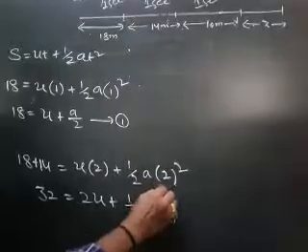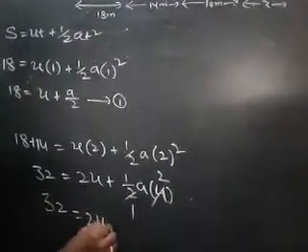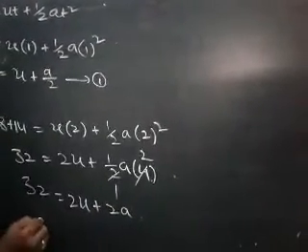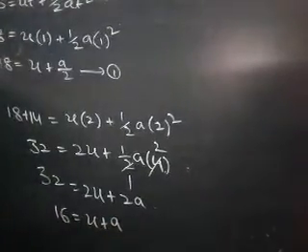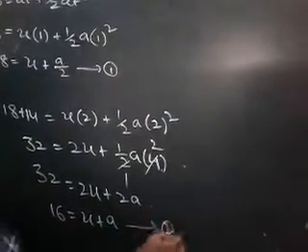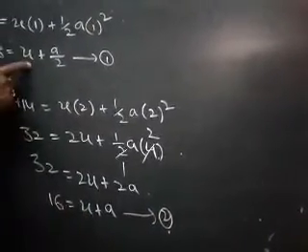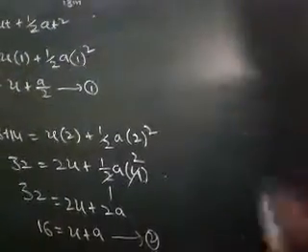So 32 is equal to 2u plus 2a. Taking 2 common and cancelling it, 16 is equal to u plus a. This is equation 2. So first we can find the velocity and the retardation a value, then after we can substitute.